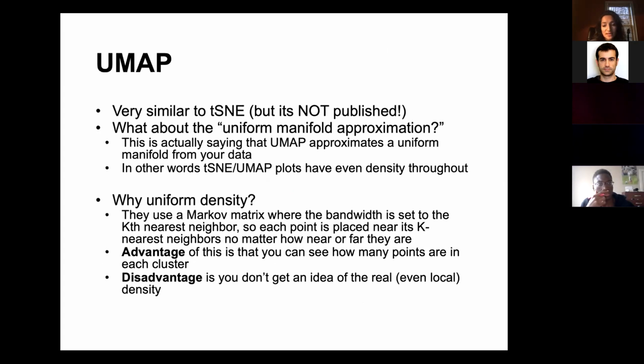Nobody's ever published it as a method in a peer-reviewed fashion, but when you examine their preprint and the method, it seems that the reason they're calling it uniform manifold approximation is to come up with a topological interpretation of something that's very similar to what t-SNE is doing.